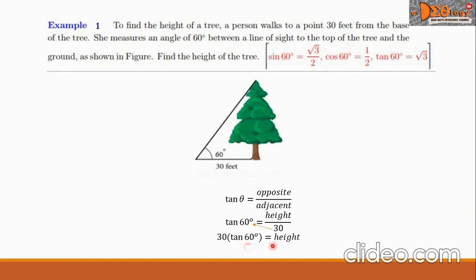And that is equal to the height. Then tangent 60 degrees is equal to the square root of 3. And the height now is 30 square root of 3 feet. We don't forget to affix the unit of measurement. And this is our final answer.